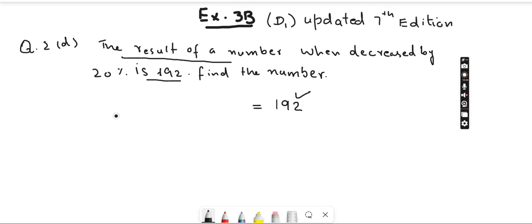And when this result comes, when a number is decreased by 20%, there is a decrease of 20% in the number. So in place of percentage, I've written 100 in the denominator.